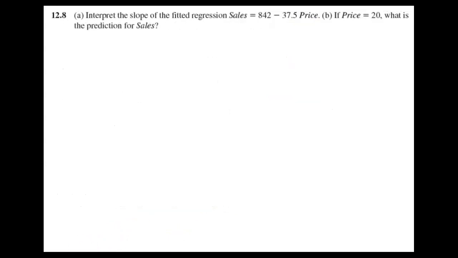So here's another question from the chapter, number 12.8. Interpret the slope of the fitted regression, where sales is equal to $842 minus 37.5 times the price. So here we have a product that you have produced and are trying to sell, and this negative sign tells us that as the price goes up, sales, or the volume of your sales, goes down.